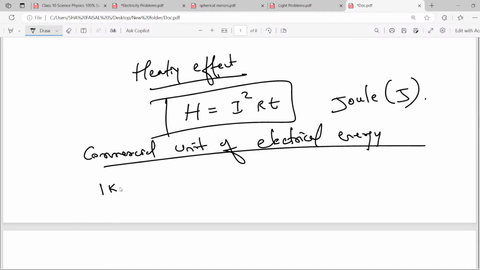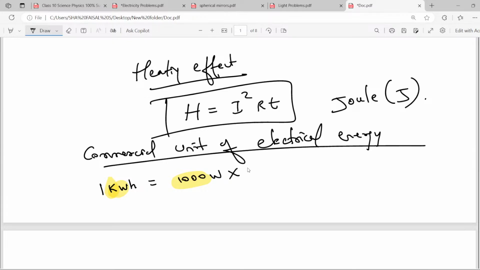As you can see, 1 kilowatt hour can be written as 1 kilo, which means 1000 watt, into hour. Remember, just now I told you, what is K? K means 1000 watt. So kW means 1000 into W into hour. Convert hour into seconds.